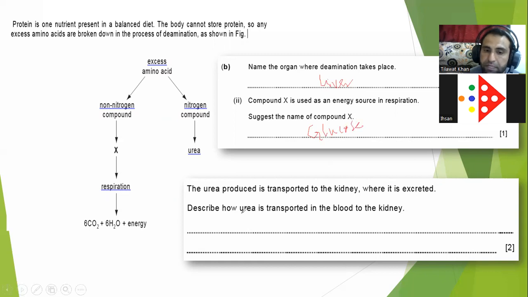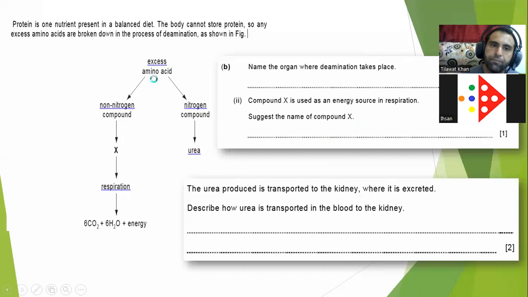Here, urea is transported in the blood; urea will dissolve in blood plasma. Urea dissolves where? Blood plasma. What is blood plasma? It is the liquid part of blood. The liquid part of blood is blood plasma, right? Good. So in that dissolved form, it will go to the kidney from your liver.